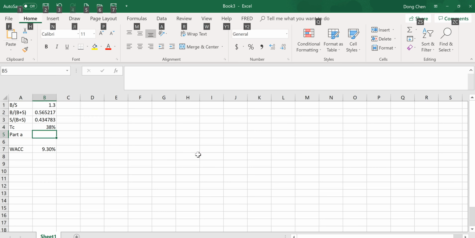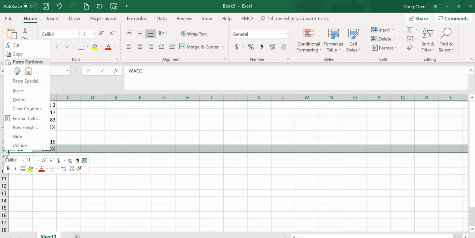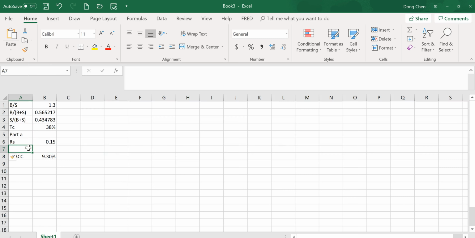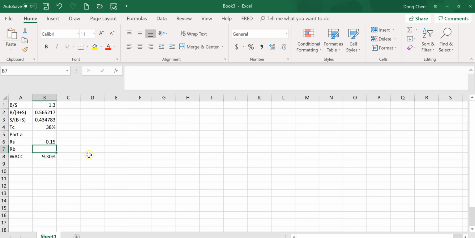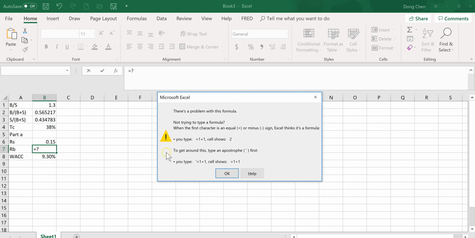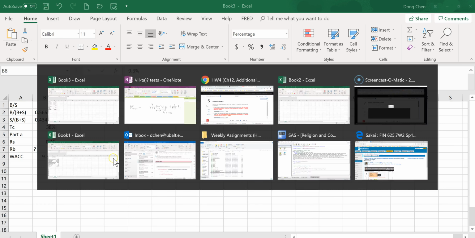For part A, RS is 15%. And it's asking us what is the pre-tax cost of debt. Pre-tax, as we said, is simply this RB here. That's the question.